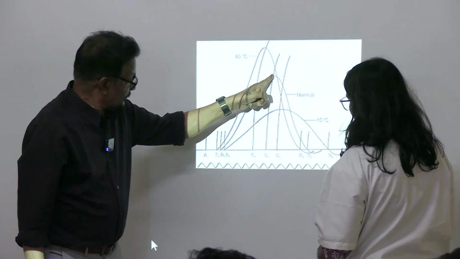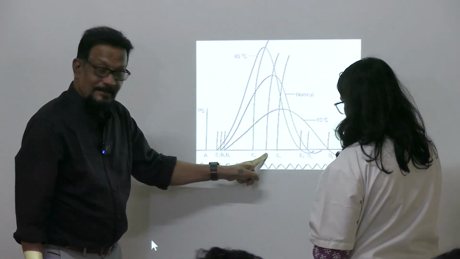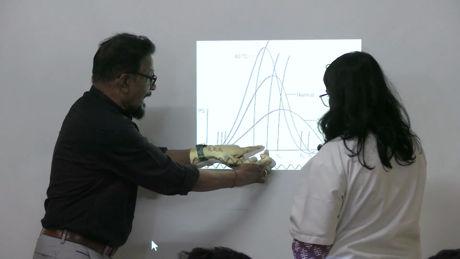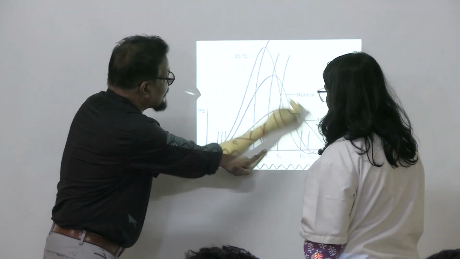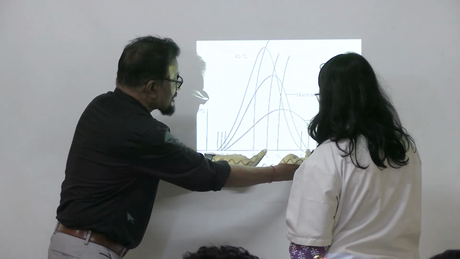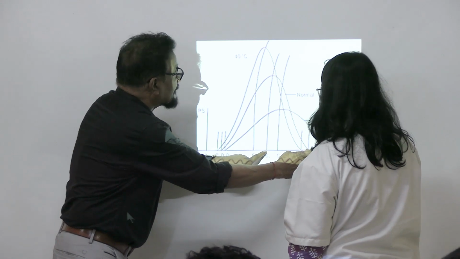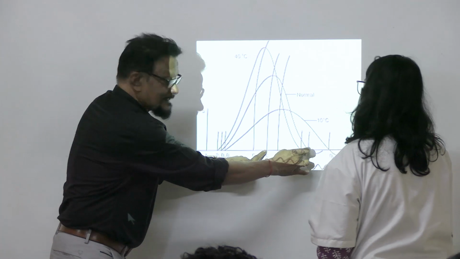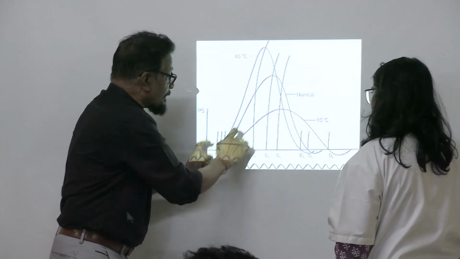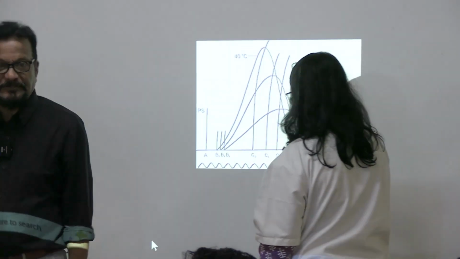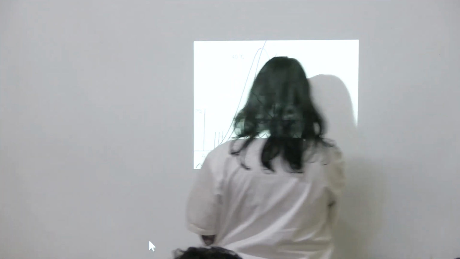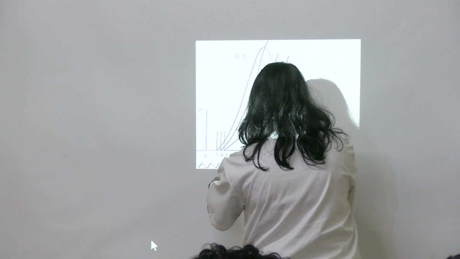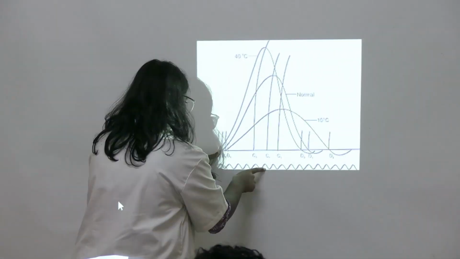This is the contraction period and this is the relaxation period. Is that correct? Now calculate how many frequencies there are in the contraction period and how many in the relaxation period.